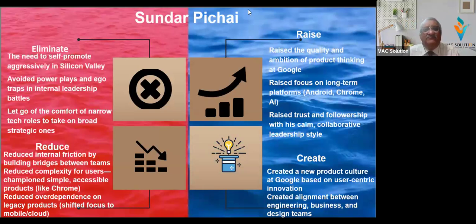Now, just tell me one thing, friends. Does any of these resonate with metallurgical engineering? Huh? Does any of this resonate with the tech role he had of working as a product manager in Google Toolbar?